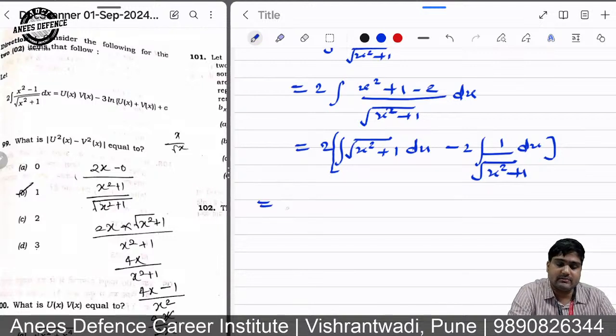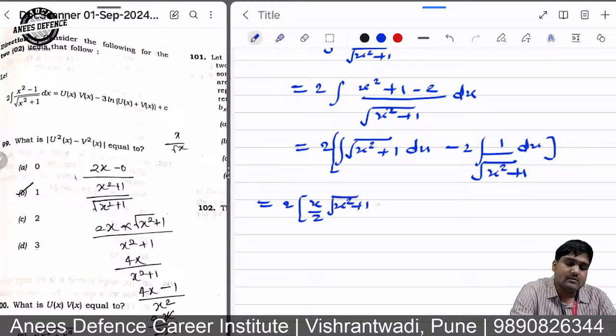Now apply the special formula of integral. It's the form root of a square plus x square. So the integral of the first part is x by 2 root of x square plus 1 plus a square by 2, that is 1 by 2 log of x plus root of x square plus 1.